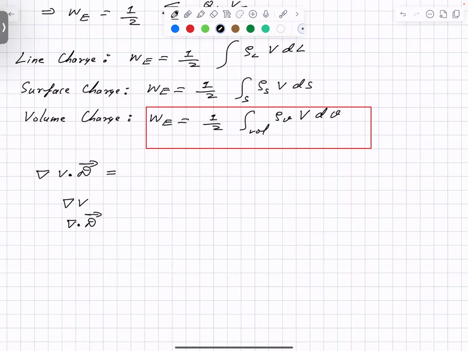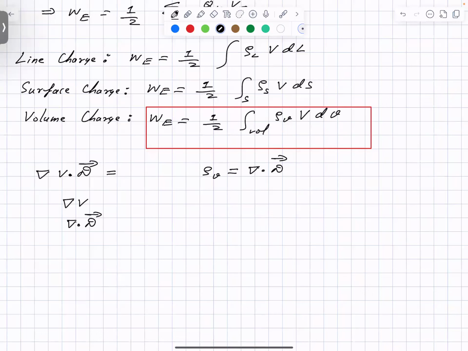And what we can do is replace rho V by del dot D. This is something that we know from chapter 3. And also what we know from chapter 3 is that we can replace a surface integral by a volume integral.